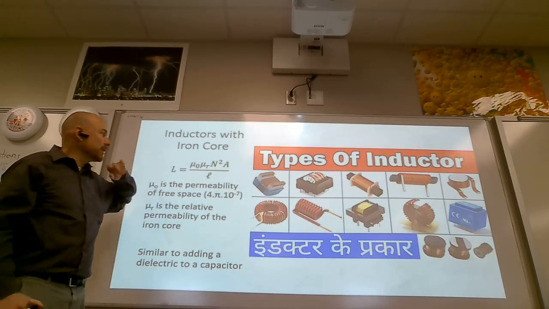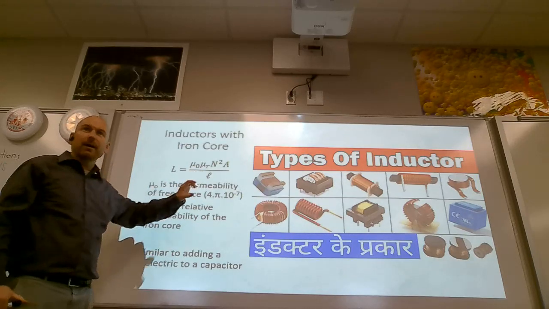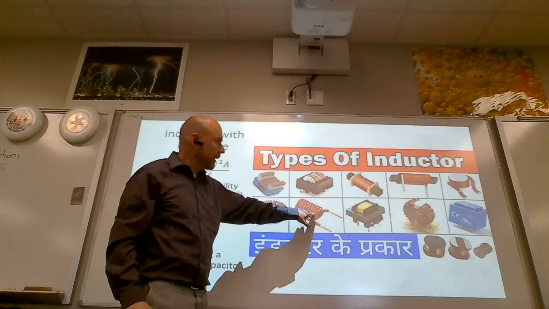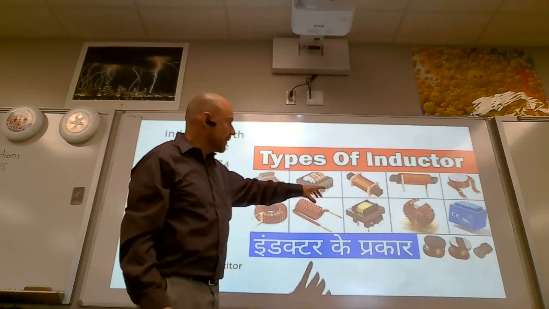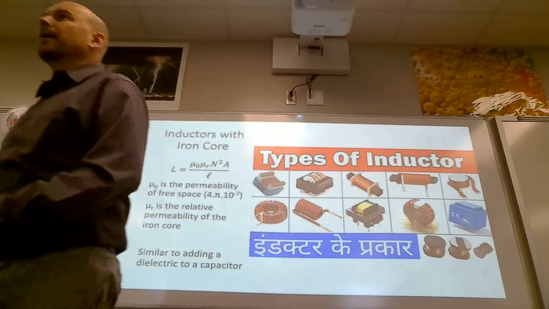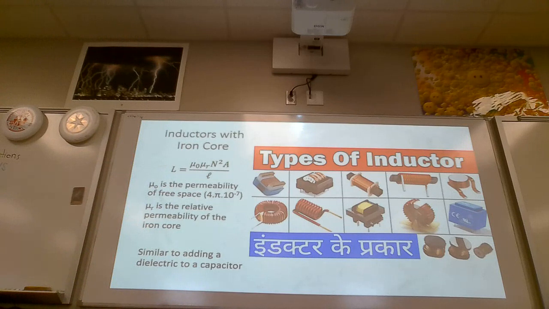So you can change the inductance by adding an iron core. Here you see some that are air filled, and some that have iron in the middle of them. If you pull out a circuit board, you'll find some of these. You don't need to know that. It's just like adding a dielectric to a capacitor.